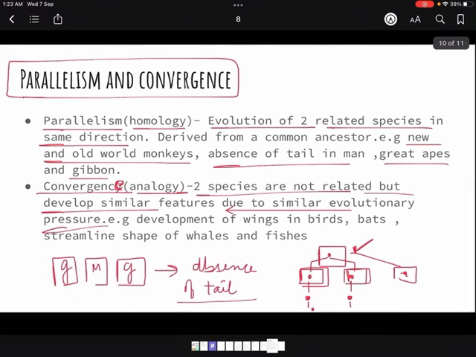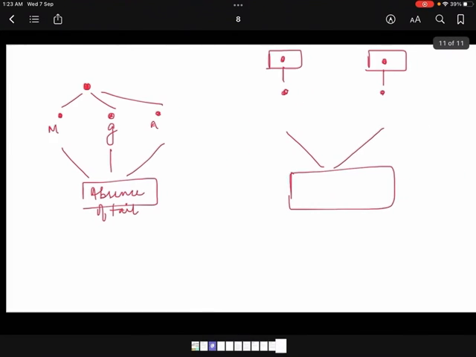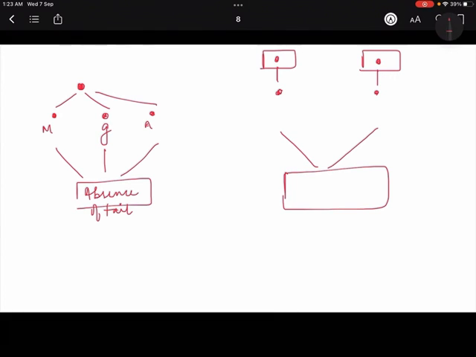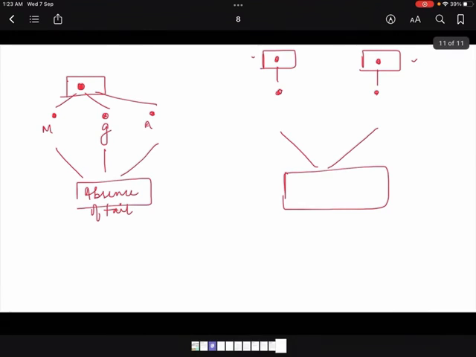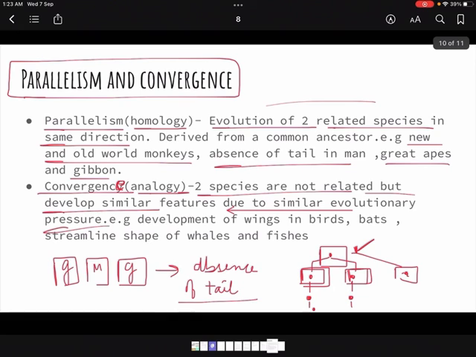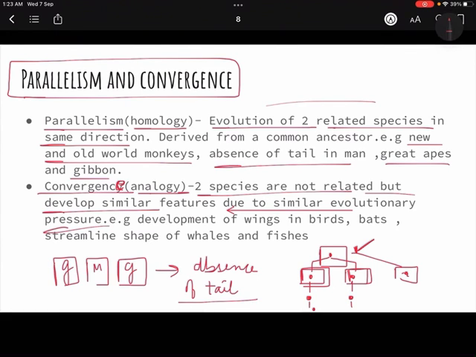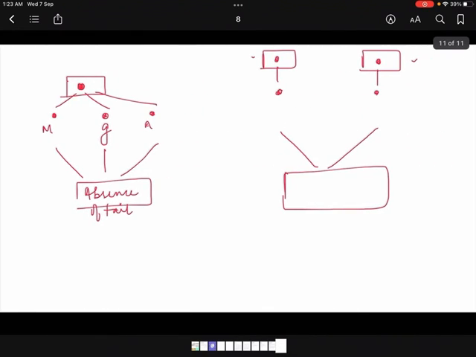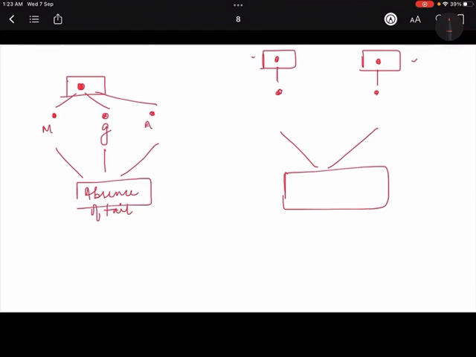Here we have one common ancestor, here we have two ancestors but a similar feature. For example, development of wings in birds and bats, or streamlined shape of whales and fishes. Now birds are a different category and bat is a mammal, a different category.